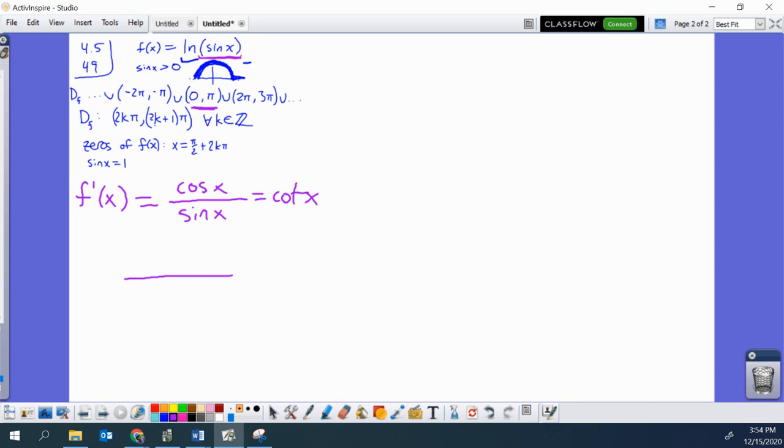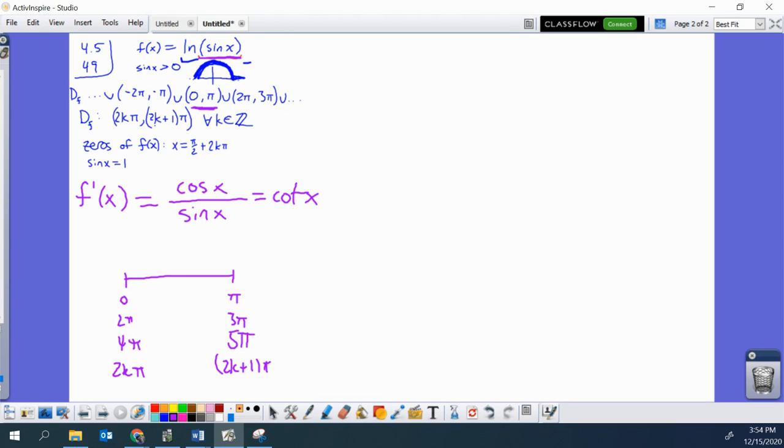So if I just look at one of these from 0 to pi, I'm going to have the same thing occur as if I look from 2 pi to 3 pi. I don't need to do separate work for all of these. 4 pi to 5 pi, or better yet, how about 2k pi to (2k plus 1) pi for any integer k here. That's pretty much what this sign chart's going to do for me.